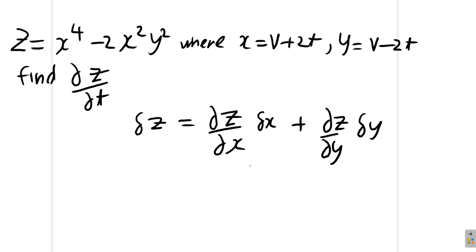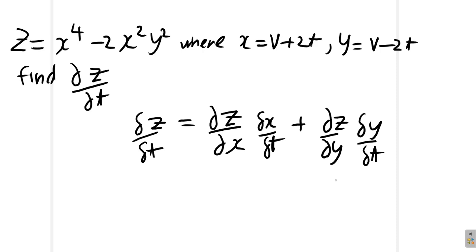Alright? Now, this can be related to various situations as we've seen before. Let me make z change with respect to time. So we divide this by a change in time, and we divide this by a change in time, and we divide this by a change in time.